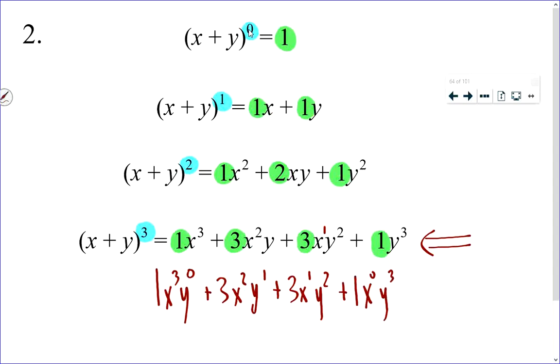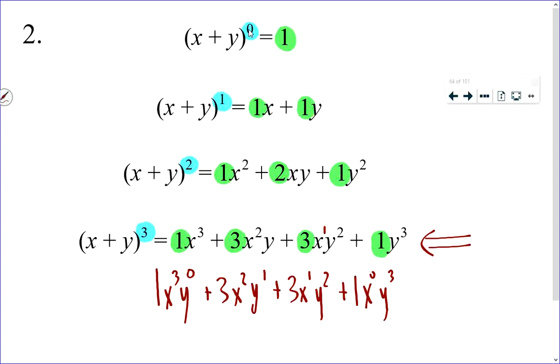I'm pointing out to you that in the first term, x has the exponent that is on the binomial, and the exponent on y in the first term is 0. Every time I go left to right one term, the exponent on x decreases by 1, and the exponent on y increases by 1.